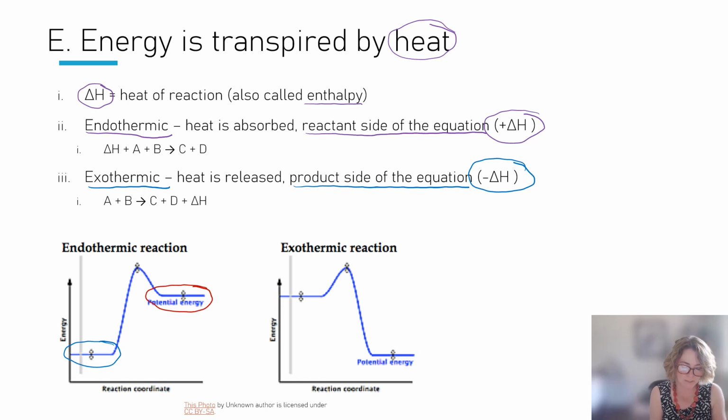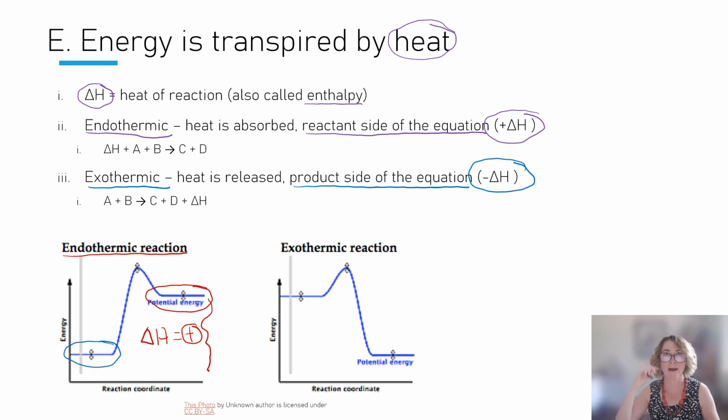This is how you can tell you have an endothermic reaction. If I were to take the difference here, this would give me a positive delta H value. So it is endothermic. My products have a higher energy than my reactants.